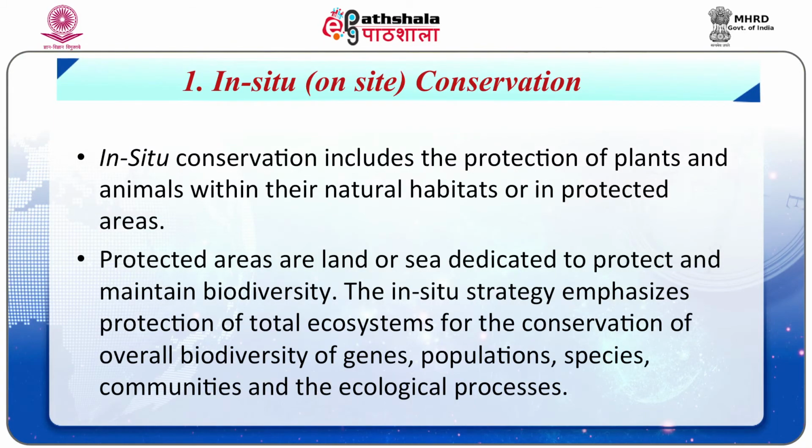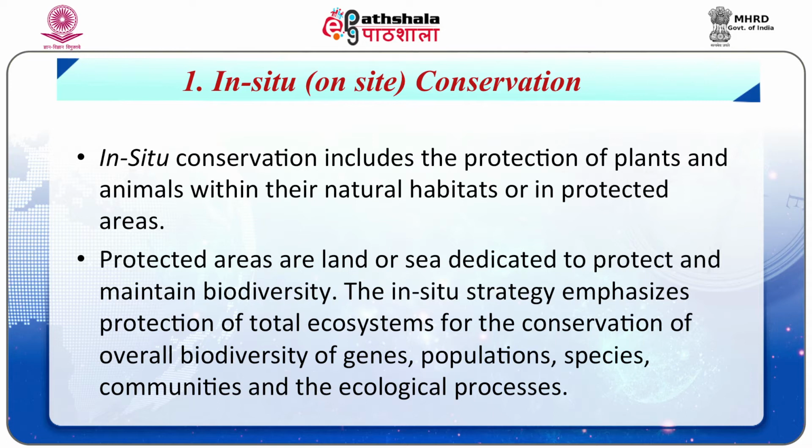Thus, the conservation efforts can be grouped into the following two categories: in situ or on-site conservation. In situ conservation includes the protection of plants and animals within their natural habitats or in protected areas. Protected areas are land or sea dedicated to protect and maintain biodiversity.